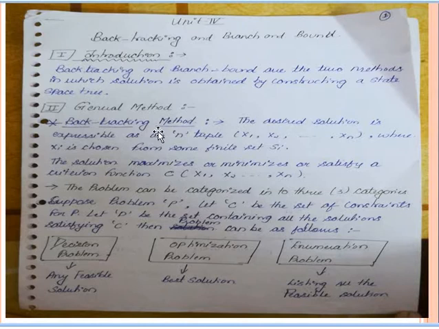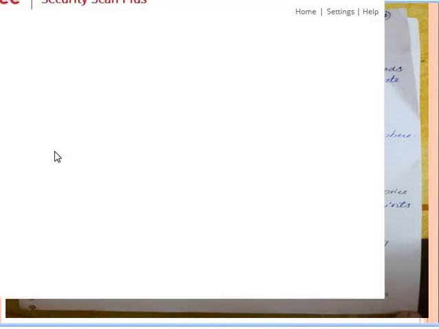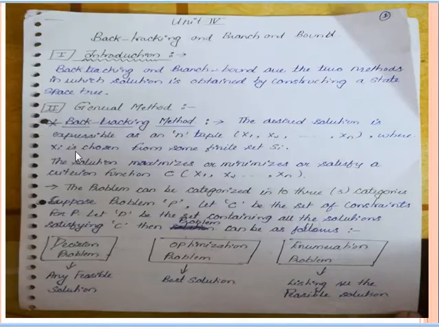So let us see what is the backtracking method. The desired solution is expressed as an n-tuple. We represent the n-tuple as x1, x2, x3, x4 to xn, where some xi is chosen from some finite set Si. Here we choose the criteria function C from x1 to xn.